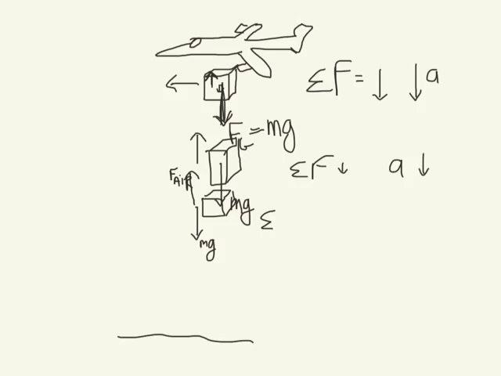So those two forces cancel each other out. The net force on the box is zero, and therefore the acceleration is zero. It's not going to get any faster. It has reached its terminal velocity, and it would just stay that way.